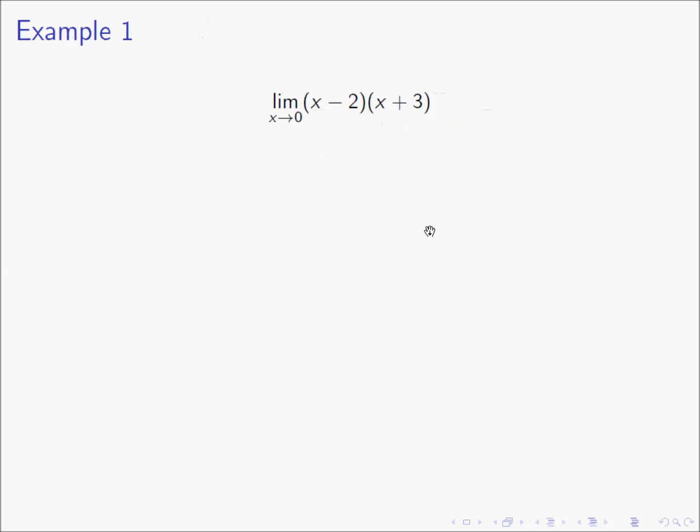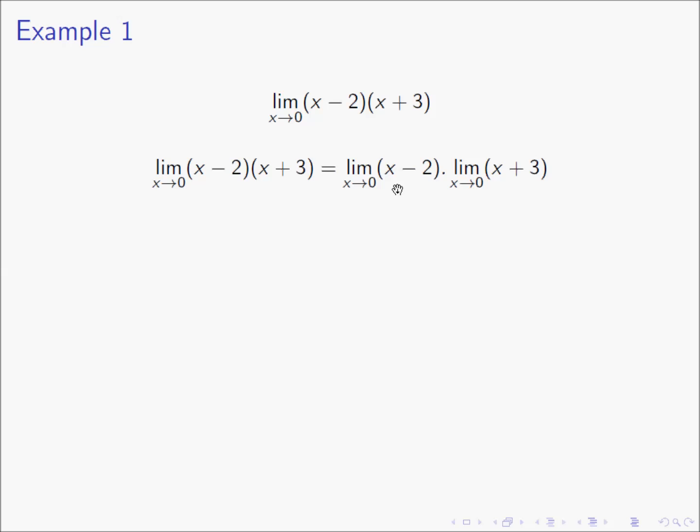So now we're ready to solve some simple examples. Here we have the limit as x approaches 0 of this product. And to calculate the limit of a product, we take the product of the limit of each of the factors, like this.